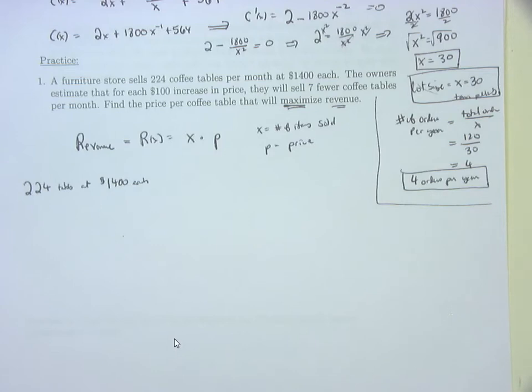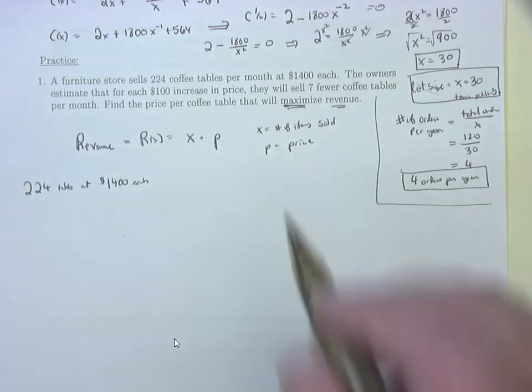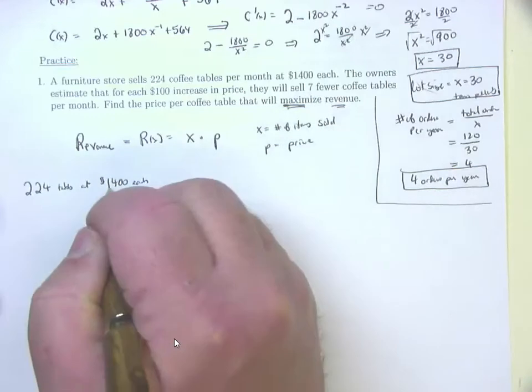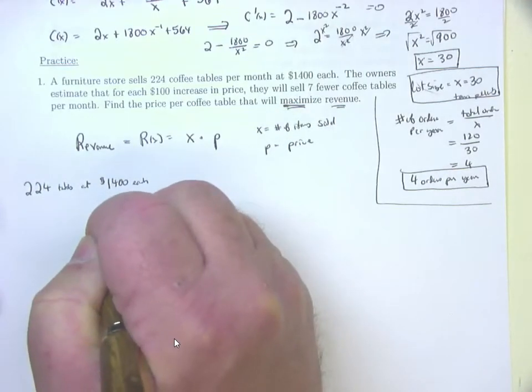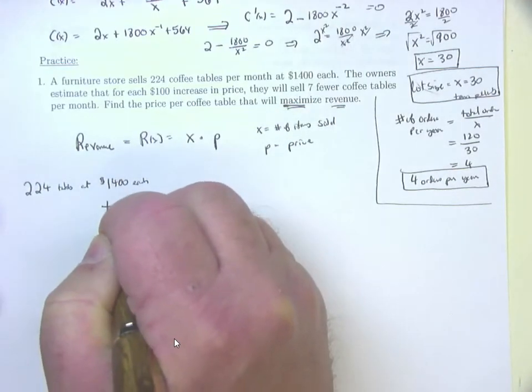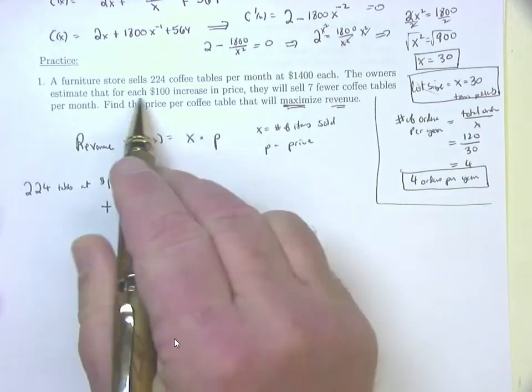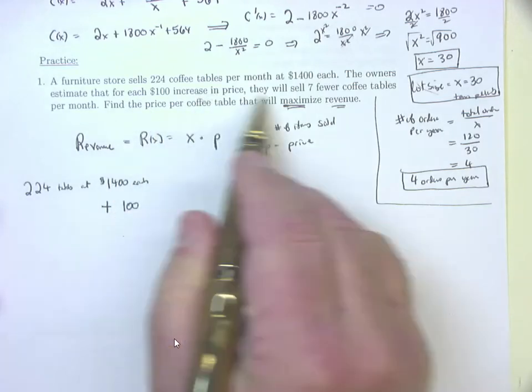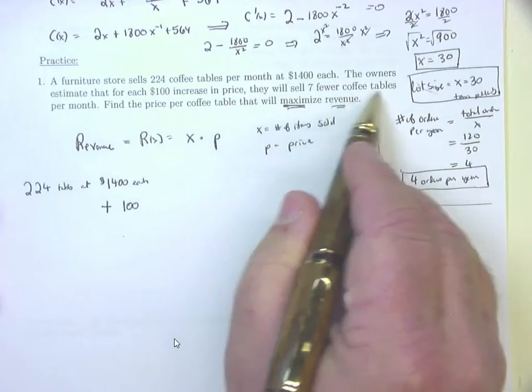But if you charge more money, you may not sell as much. And you see there's going to be a dilemma there that, great, I got a better price, bigger price, but I don't sell as much. I may not bring in as much money into the store. So if we increase the price, increase by $100 in price, they will sell 7 fewer coffee tables.